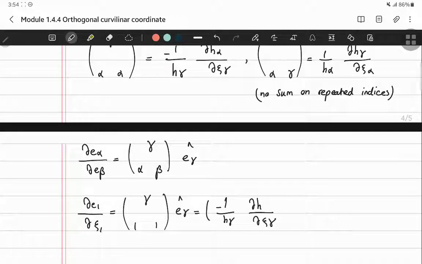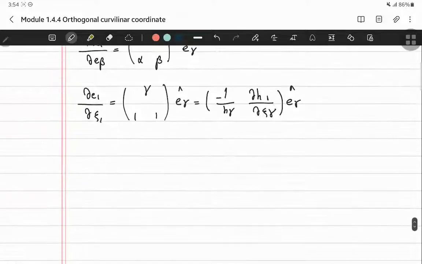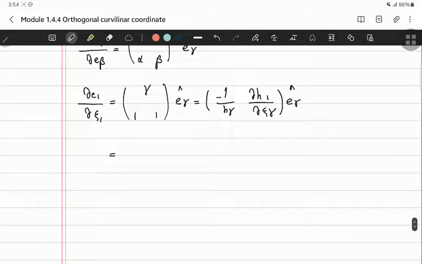And alpha is nothing but 1, and we have e gamma. So we have minus 1 divided by h1, or maybe it is a better idea to write it the other way around.